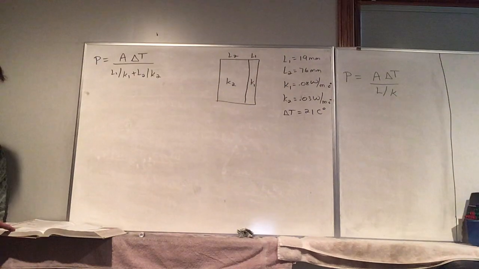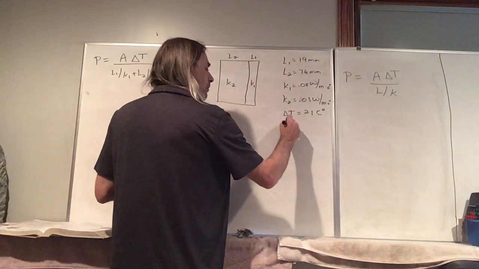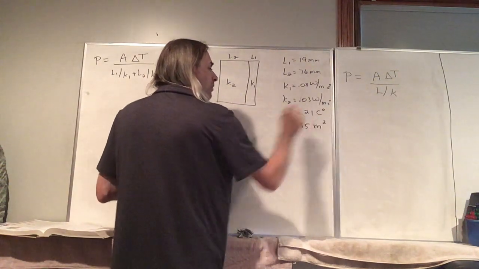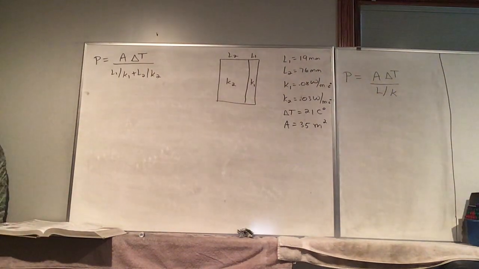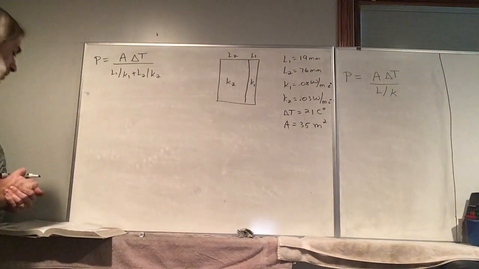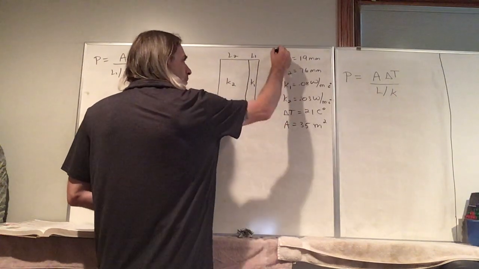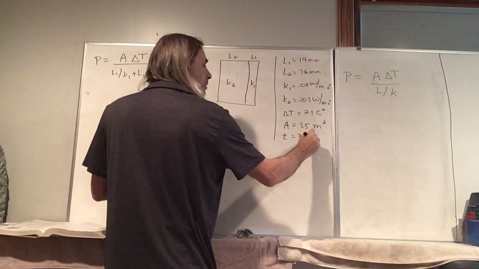Yeah, K1 is the wall itself, that's 0.08. Oh yeah, we also had the area. 0.35 meters squared. Roughly a 6 by 6 wall, not that big. And I'm going to write down the answers that we had. Here, time is 3,600 seconds.